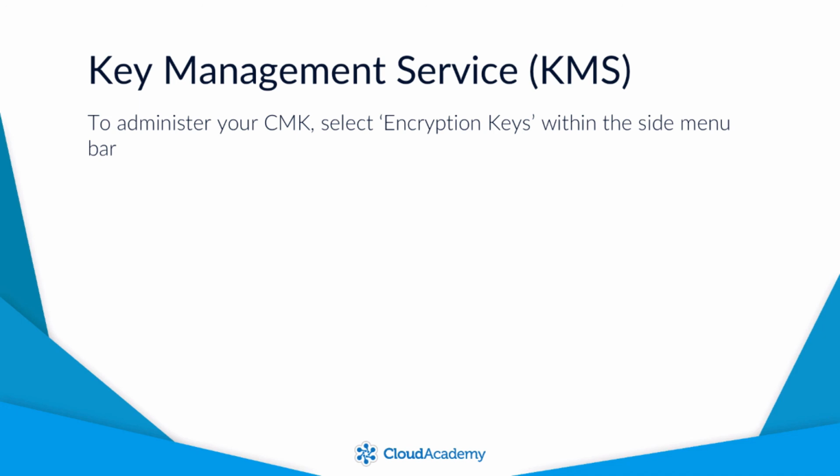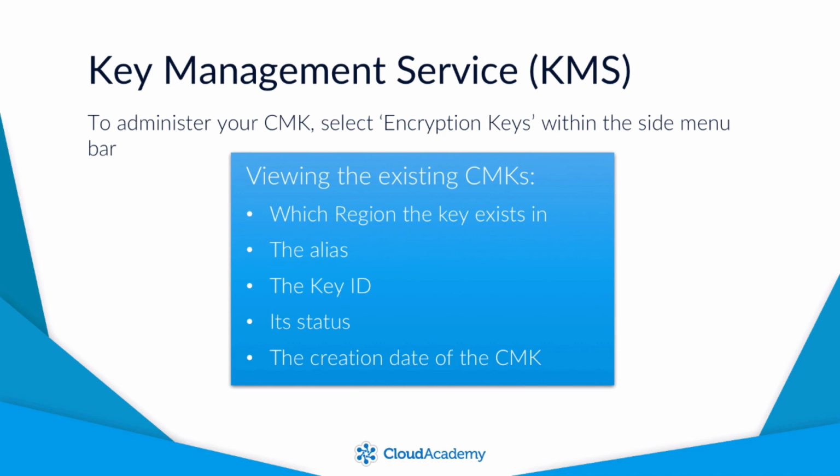From here, you're able to create a new CMK, view any existing CMKs, which will show which region the key exists in, the alias, the key ID, its current status, and the creation date of the CMK. From here, you can also go back and edit and tag your keys too for greater management. Like I mentioned previously, a full explanation of KMS and how to use it to encrypt your data can be found in the course dedicated to the service.